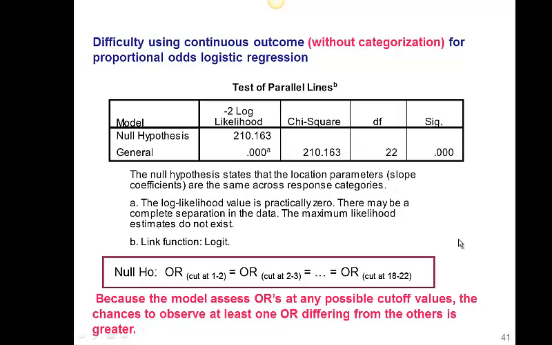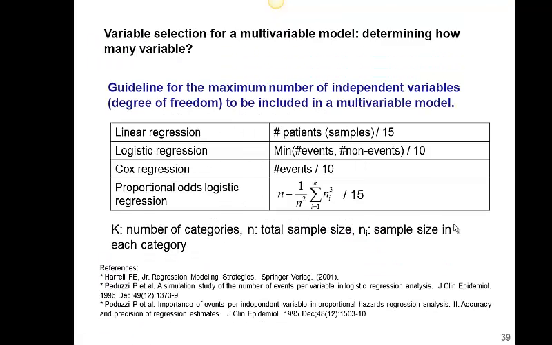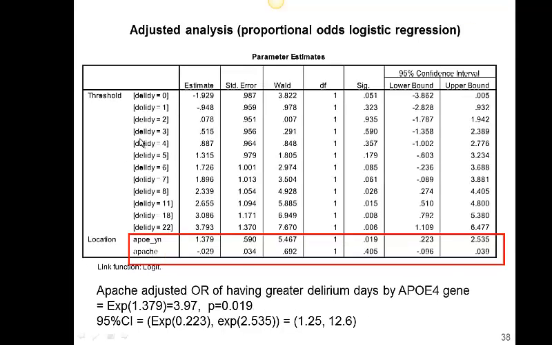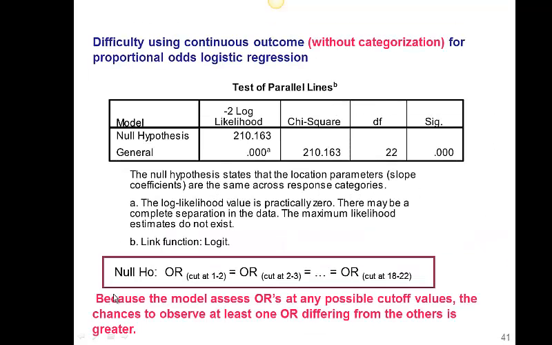When that happens, we see a violation of this assumption, so we may not be able to use this model. Although mathematically, the odds ratio you are seeing here, 3.9, is the numerical average of those odds ratios, so that meaning is not changed. The problem is the odds ratios are numerically different depending on the cutoff. That's the difficulty of using the proportional odds model for a continuous outcome variable.